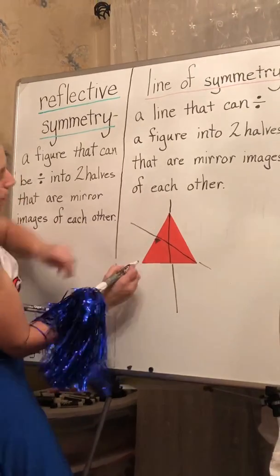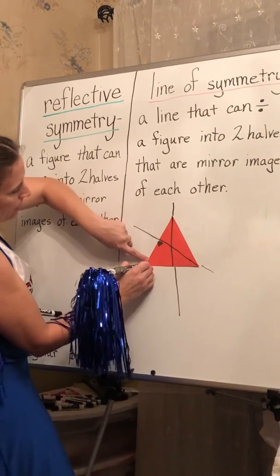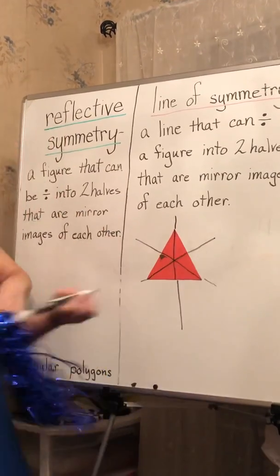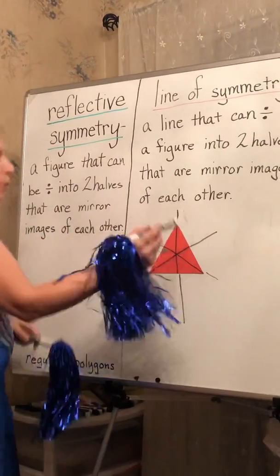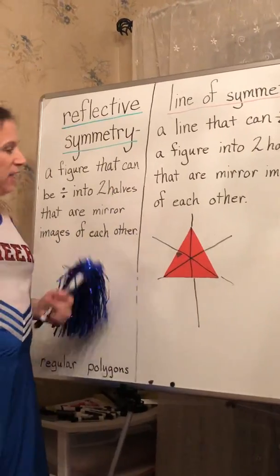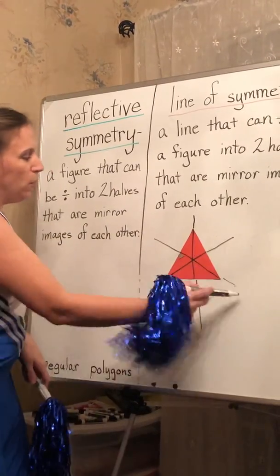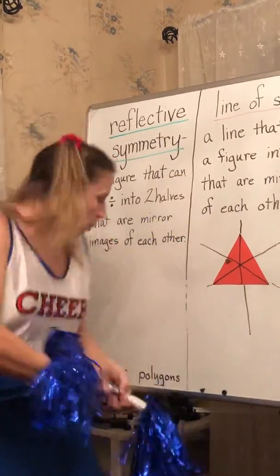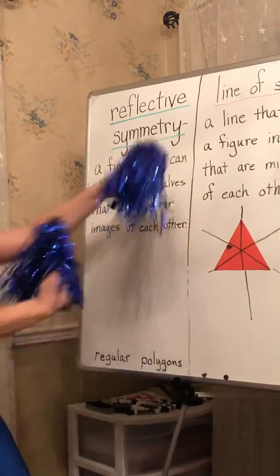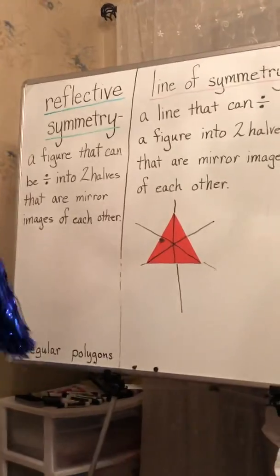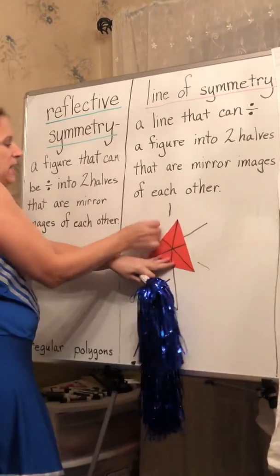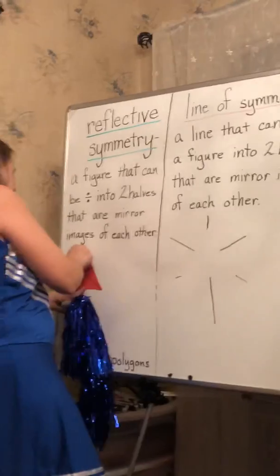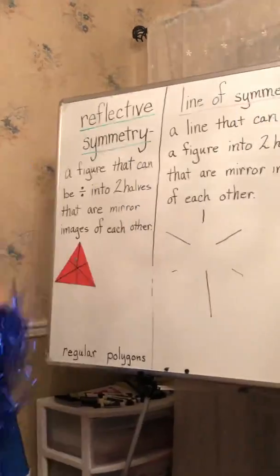If we start on this side and divide through to the middle of the other side, that gives us 1, 2, 3. 3 lines of symmetry in our regular polygon triangle.